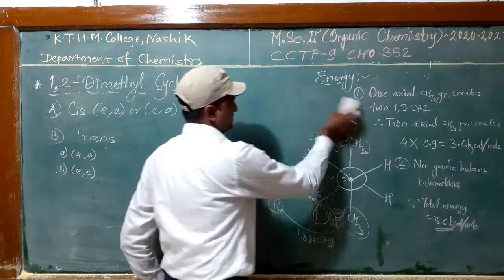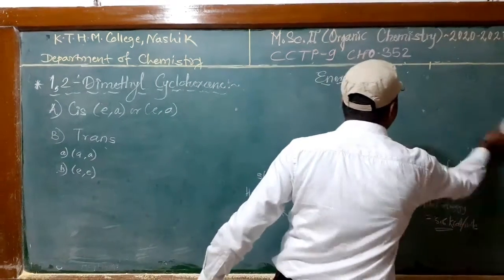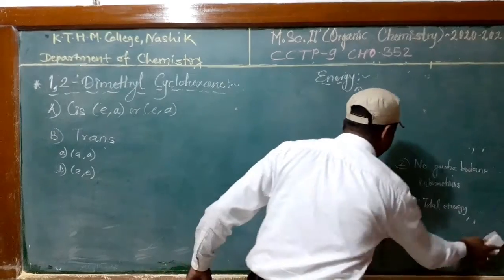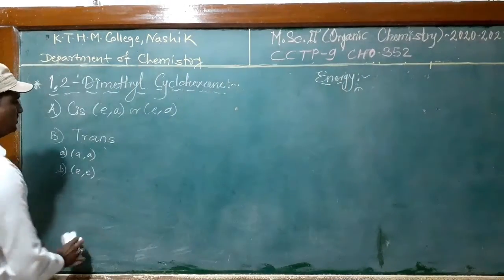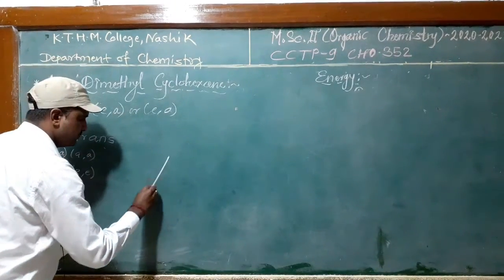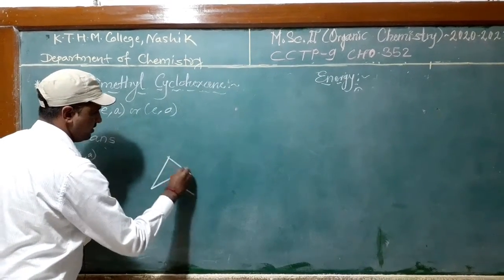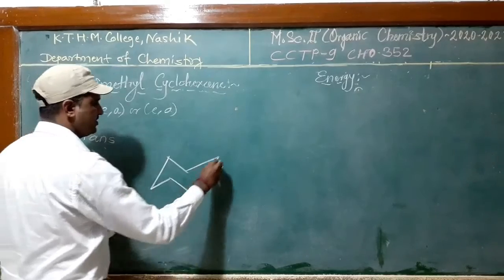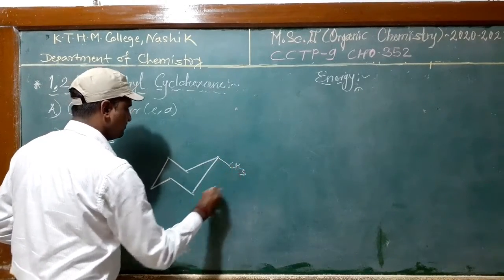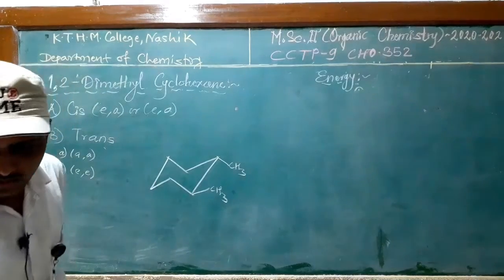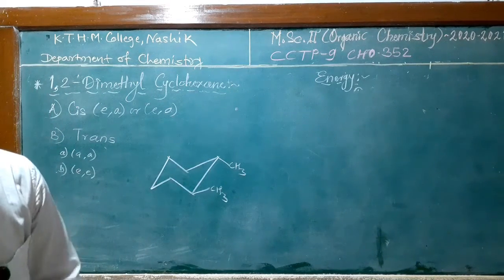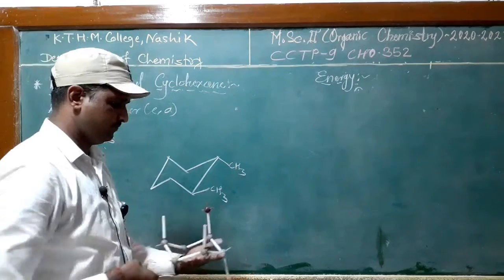Again, how is the chair form of this equatorial 1,2-dimethyl cyclohexane drawn?